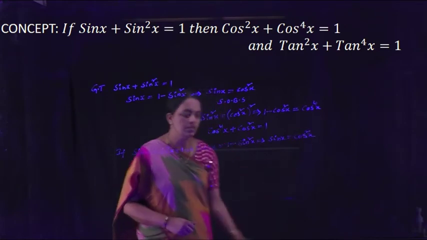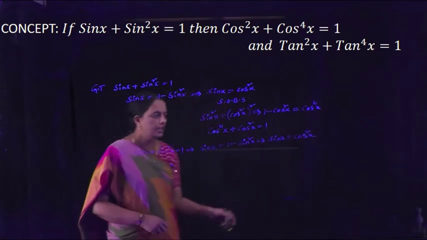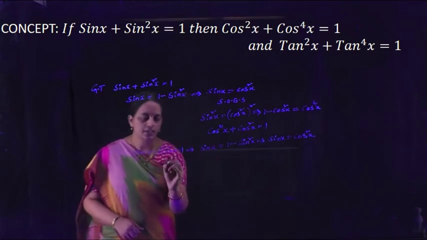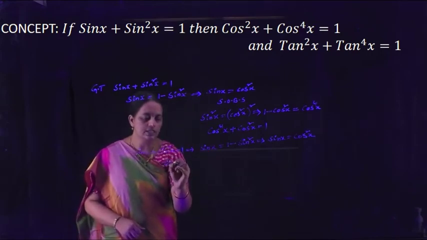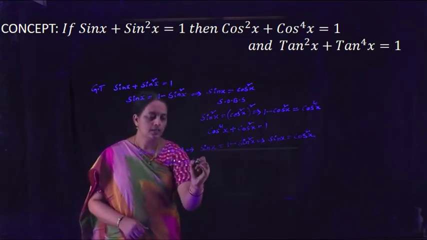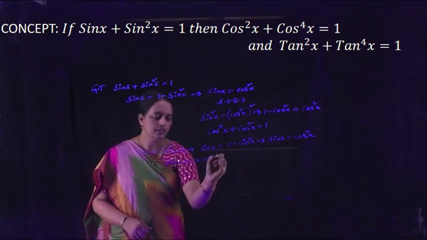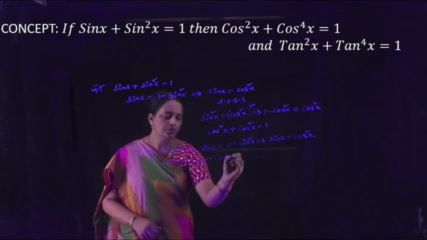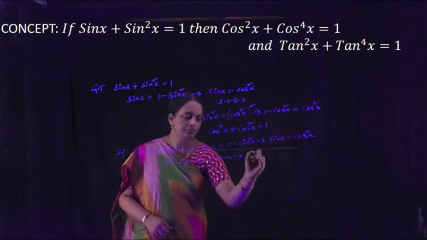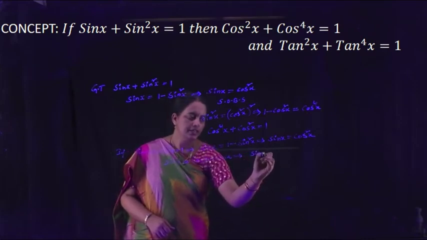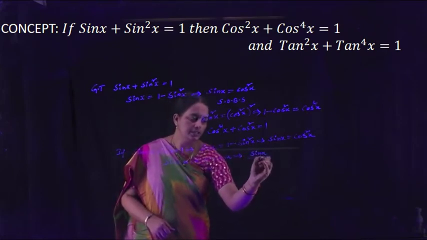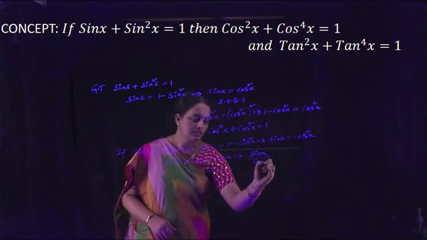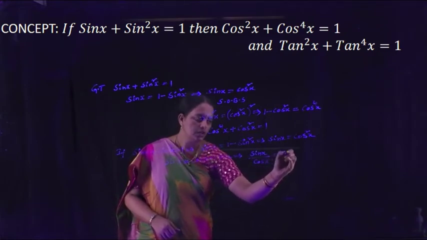It can be written as sin x is equal to cos x into cos x. From this we can write sin x by cos x is equal to cos x.